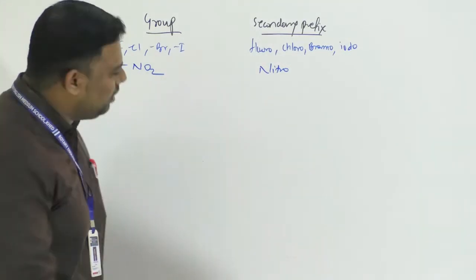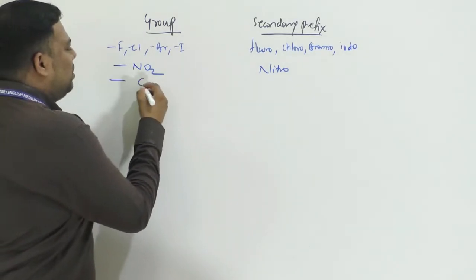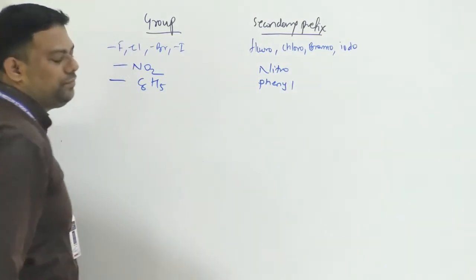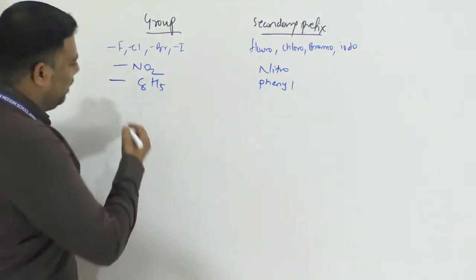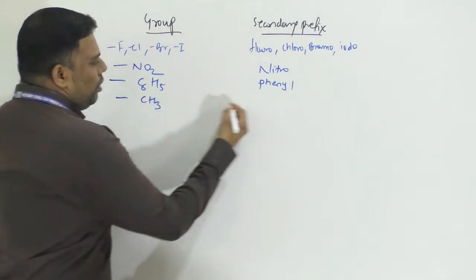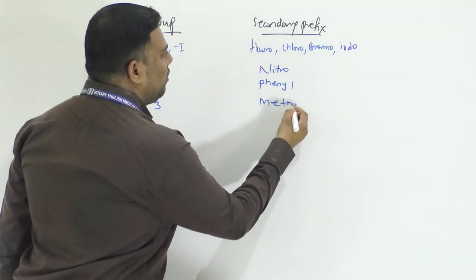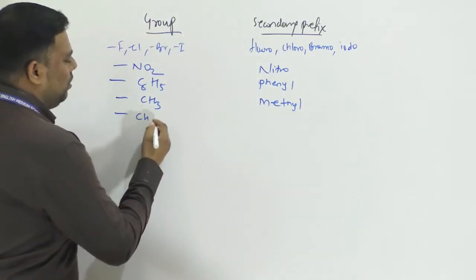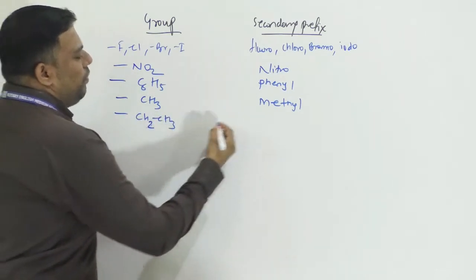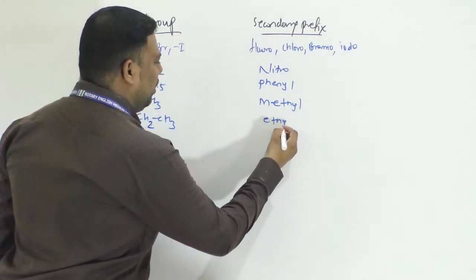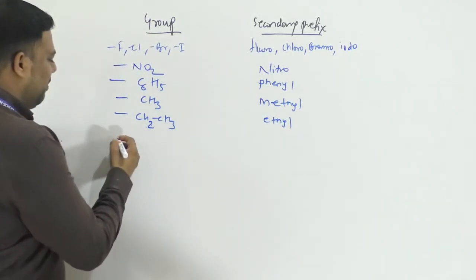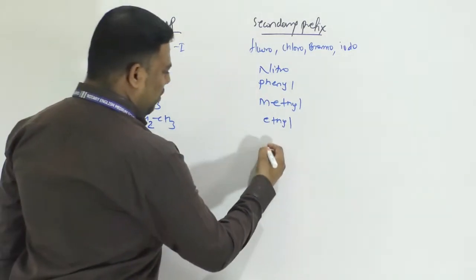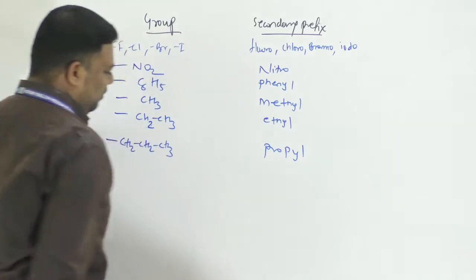In some compounds, C6H5 we call phenyl. Next, a bond with CH3 we call methyl. These are secondary prefixes only. CH2 CH3 we call ethyl. Now a bond with CH2 CH2 CH3 is called propyl.